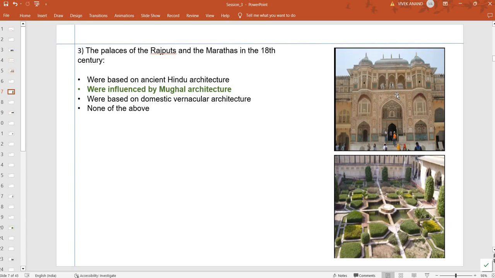And Bangla roof also you can see on the top. So this is the Bangla roof. These are chhatris, and this is what? Large gateways. No, no, no. All this garden type of thing. What is this? Okay.